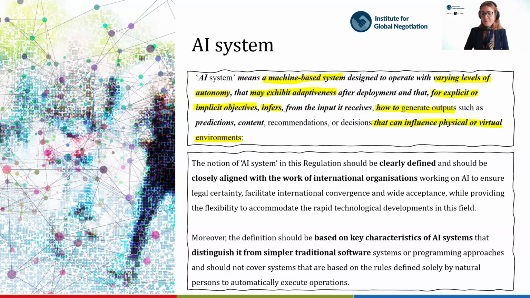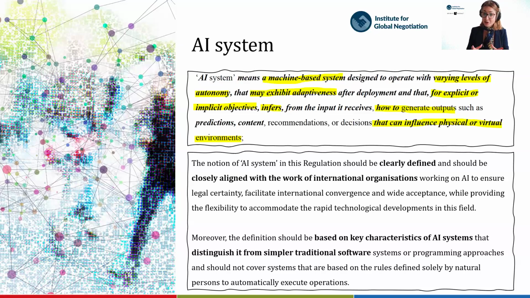Congratulations. That may exhibit adaptiveness. That means it doesn't necessarily have to. For explicit or implicit objectives, well, people usually tend to design things with a certain objective in mind, so got that covered for most cases. Infer how to generate outputs. Well, if the output goes beyond 1 + 1 = 2, it also has to infer how to come to that output.